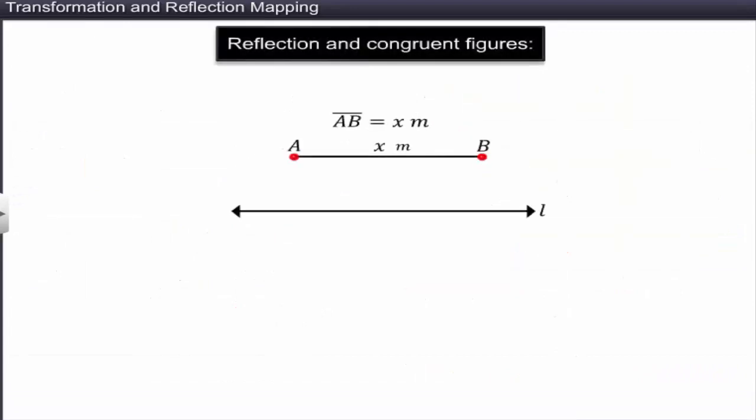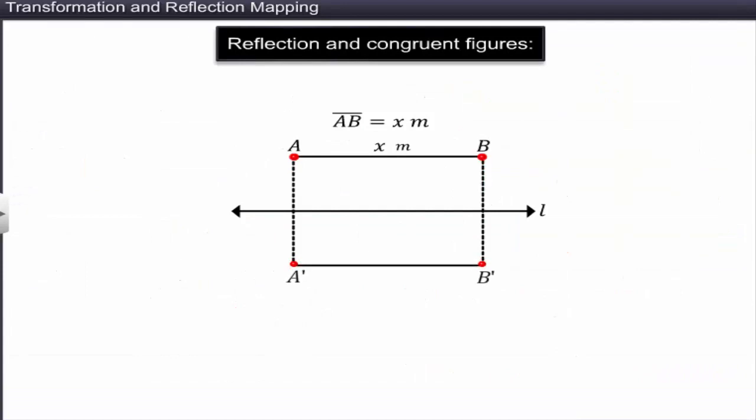Consider a line segment AB of length x meters. Let us find the measure of the reflection image of line segment AB in line L. The reflections of points A and B are A' and B' respectively.